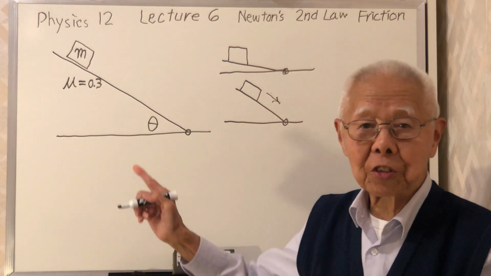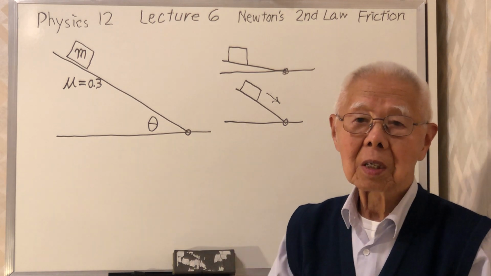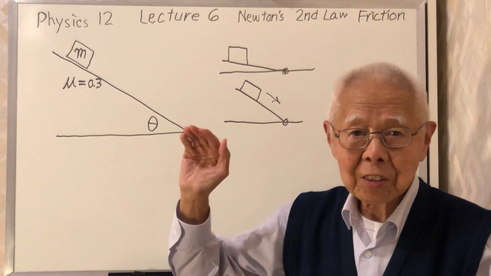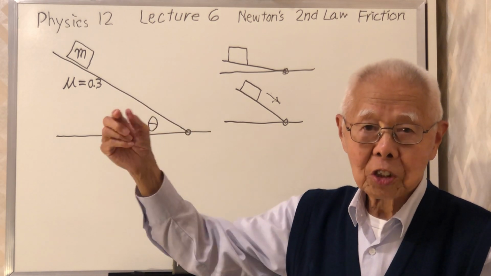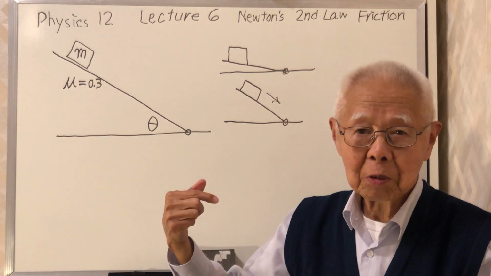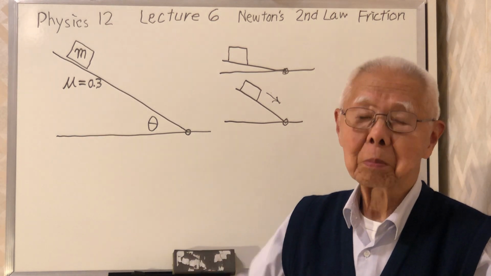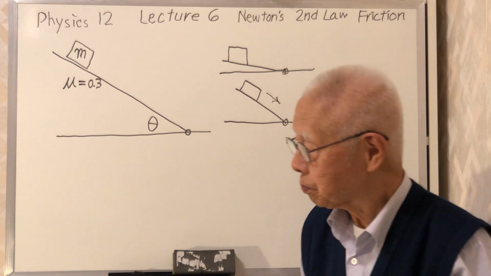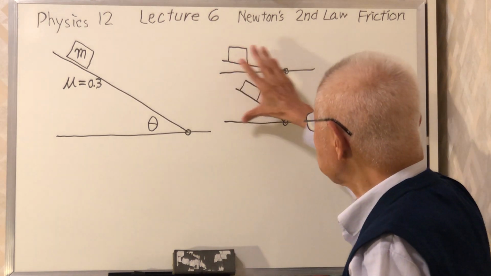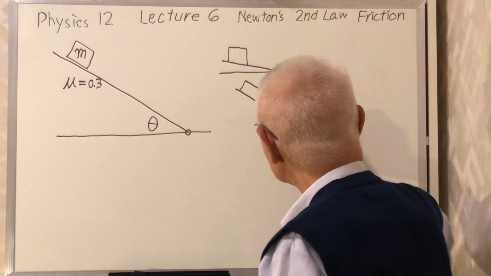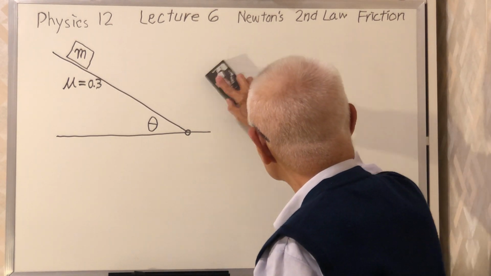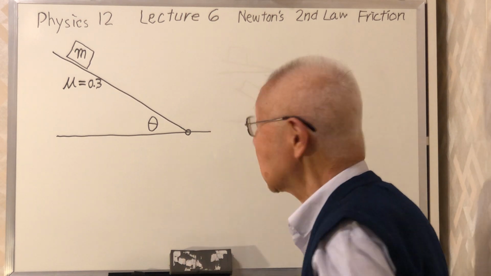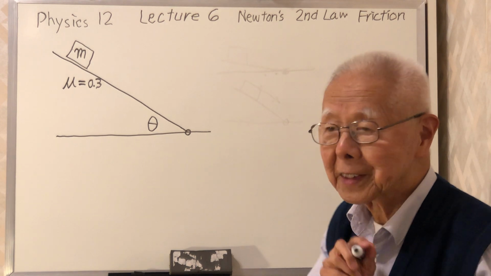I want to find the angle theta. If I increase theta, at the instant the box starts to slide down, what is theta? And this angle is what we want to find. And let me erase this part. I need a free body diagram.